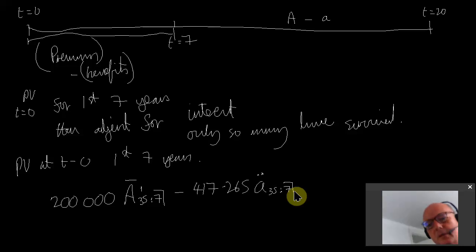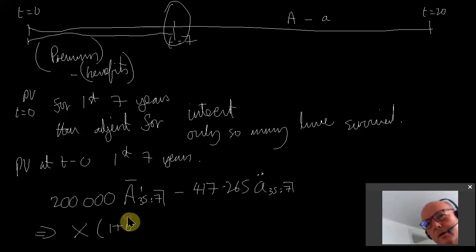But the reserve here is at time equals 7 per person still alive at time equals 7. So there's two things I have to do. I have to multiply by 1 plus i to the power of 7, so it's in time equals 7 money, and also this is going to give me the reserve divided by all 100 people who took out the policy.